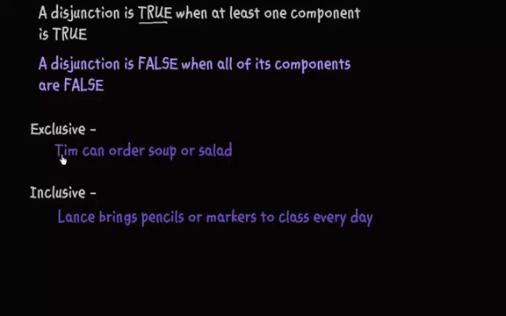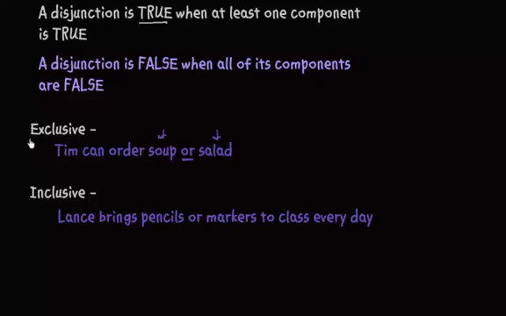So let's take a look at our example for the exclusive OR. Our statement is Tim can order soup or salad. Now you've probably heard this type of statement before, where you can order soup or salad, and usually what it means is that you can have one, the soup, or you can have the salad, but you may not have both.